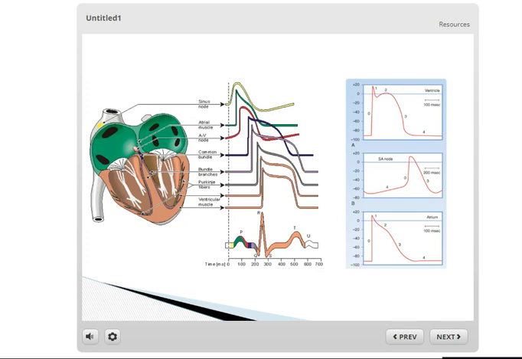This picture shows the different shapes of action potentials in the different cardiac chambers, for example atria, ventricle, and nodes, which I explain in the next slides.